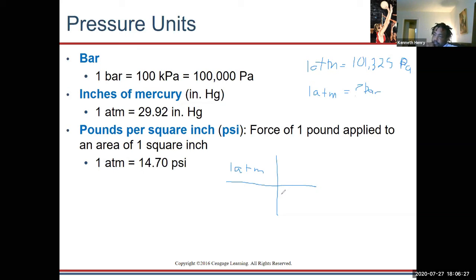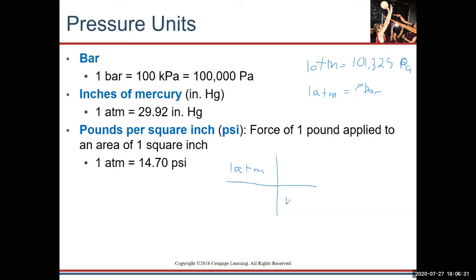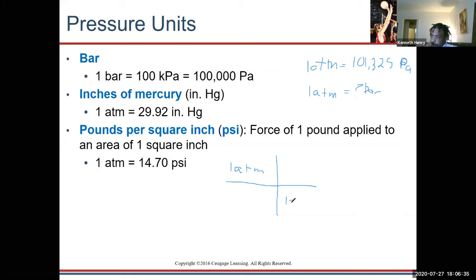Or kilopascals? 101,325 pascals. Okay, so 1 ATM equals 101,325 pascals.